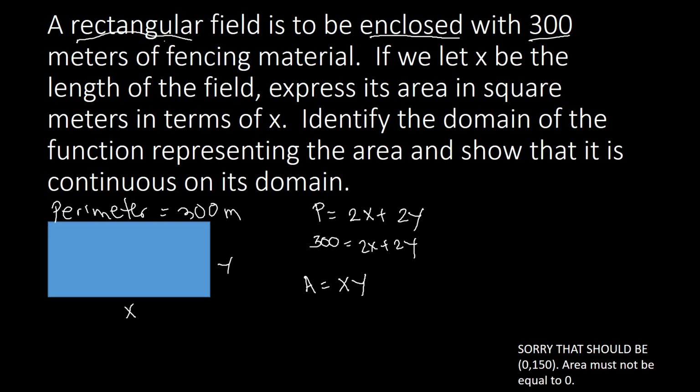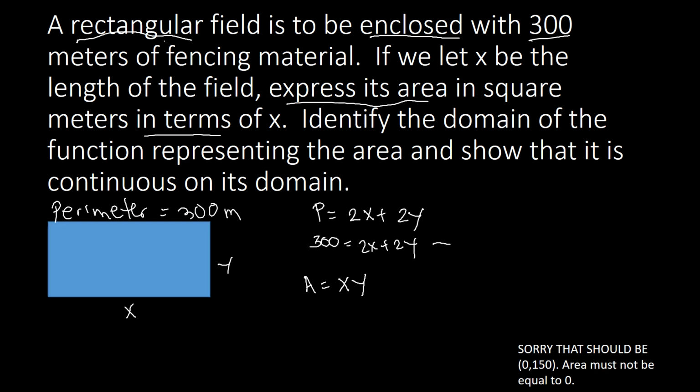We don't have the value for the area, so let's just call it A. Since the area must be expressed in terms of x, we cannot have any other variable aside from x. So our y, we are going to express in terms of x.